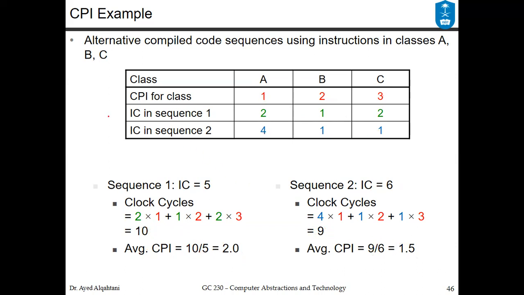Meaning, in sequence 1, every instruction, whether it's in class A or B or C, on average will need 2 cycles to finish its job. For sequence 2, every instruction would need 1.5 cycles to finish. So instead of saying this every time, we quickly say that the CPI of the first sequence is 2, and the CPI of sequence 2 is 1.5.